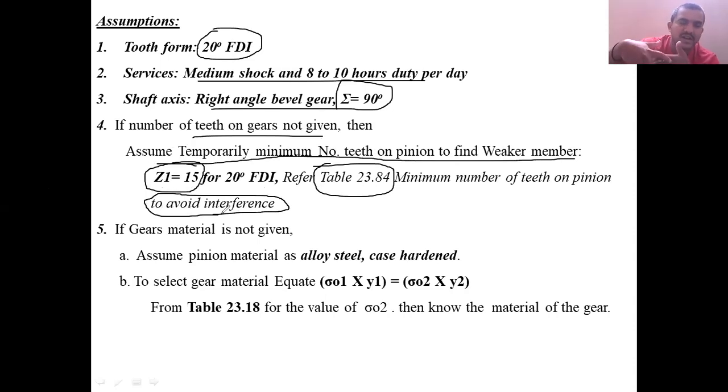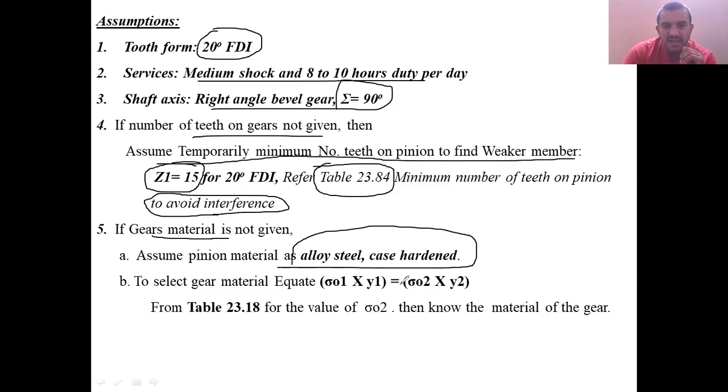To avoid that undercutting, where material is removed, you avoid this interference. Then if the gear material is not given, you assume the pinion is made of alloy steel or case hardened. Then you determine what will be the material for the gear by equating the condition.